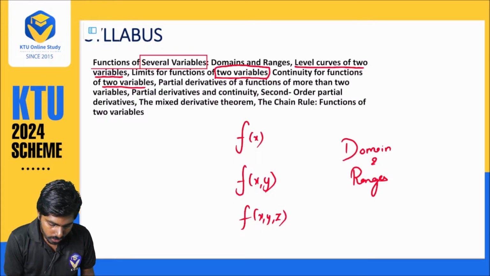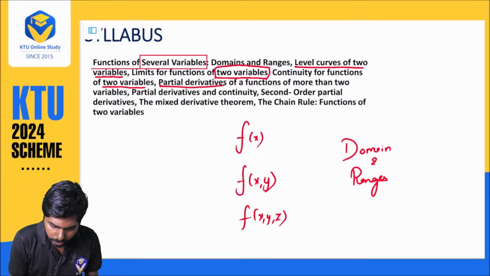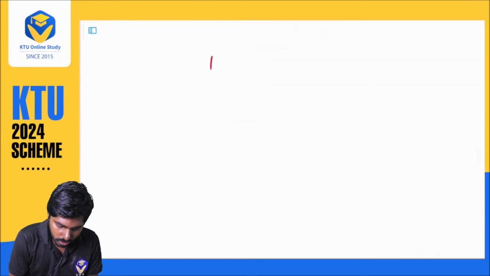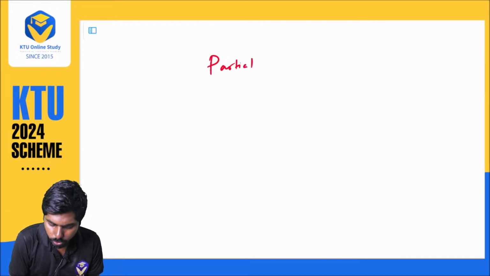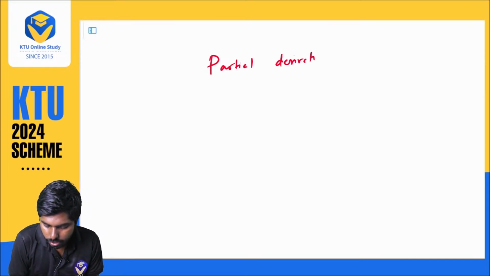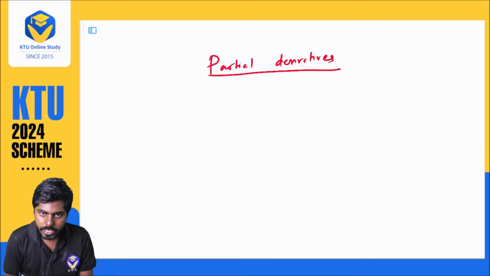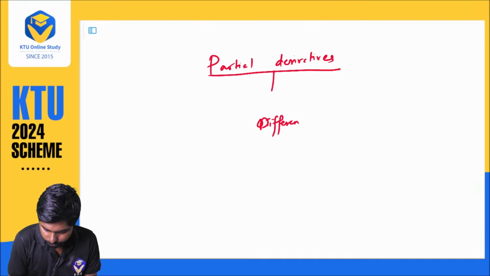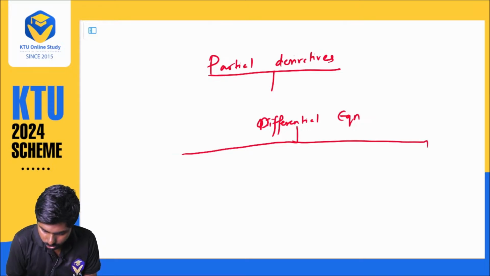Now here one more important concept you are going to learn is the partial derivative. Partial derivative is very, very important for the engineering syllabus. Partial derivative means we know the thing. See, differential equations are divided into two parts.